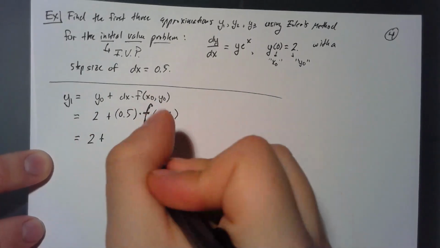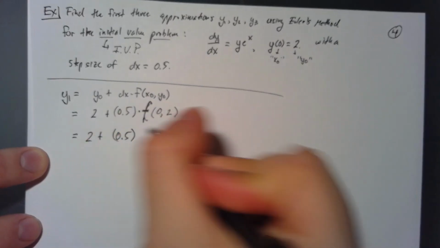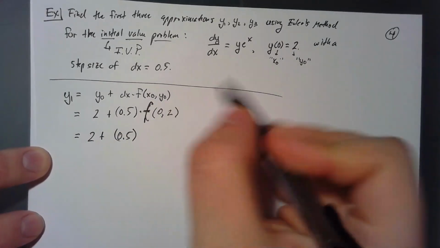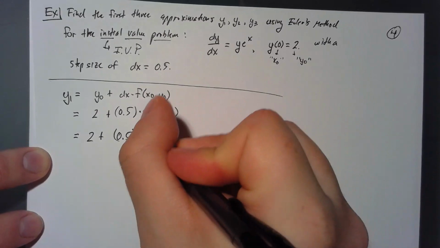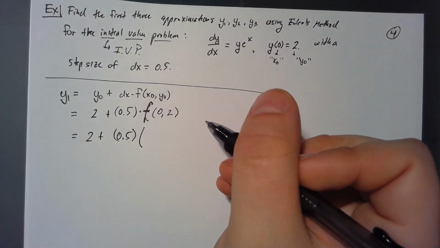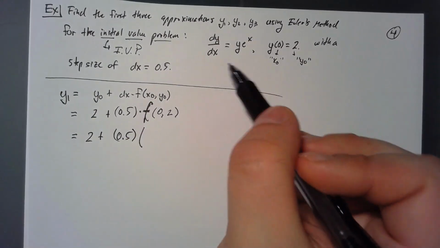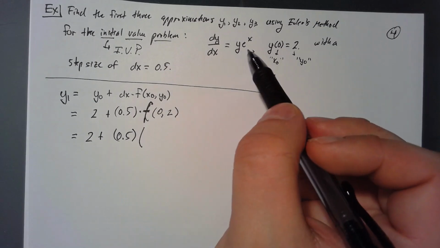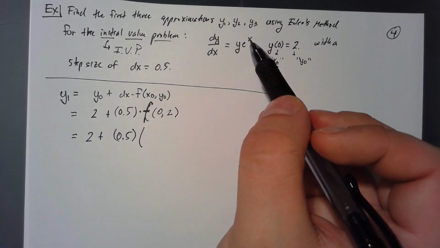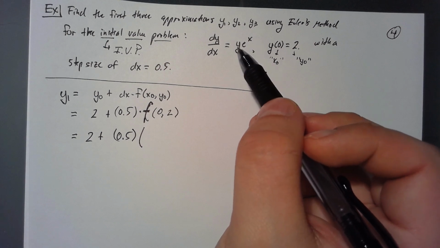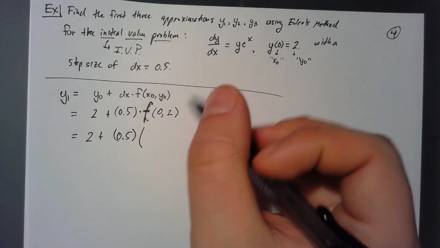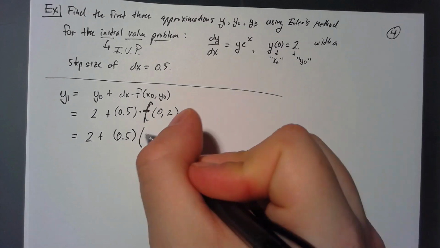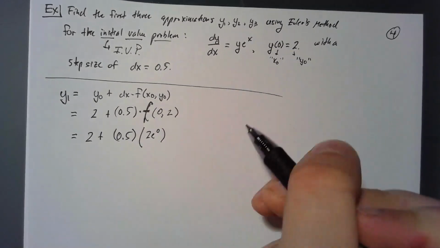So 2 plus 0.5 times, so if I plug this ordered pair in here, what do I get? So when x is 0, that's e to the 0, which is 1, and 1 times 2. So this will be 2 e to the 0, right?